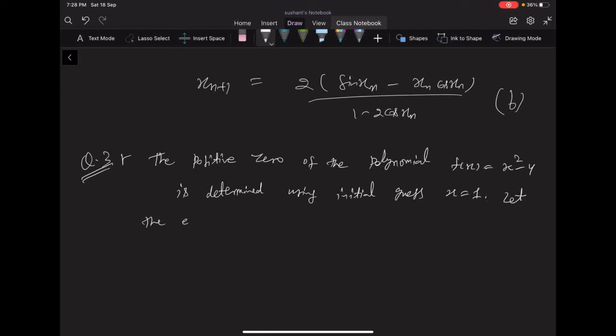Let the estimate after 2 iterations be x2.